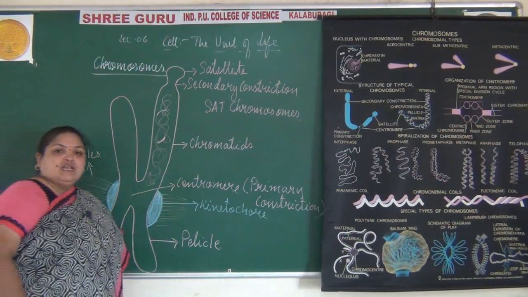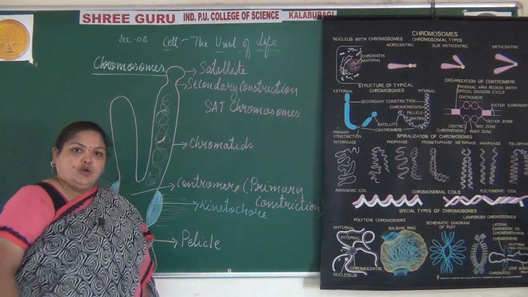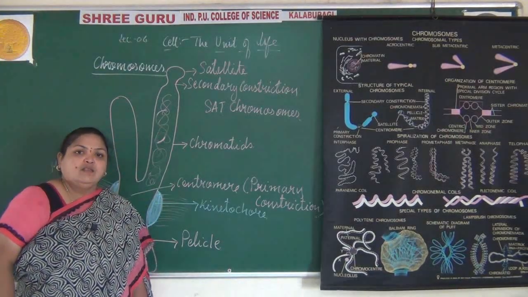In human cells, there are 23 pairs of chromosomes, but not all have the satellite.